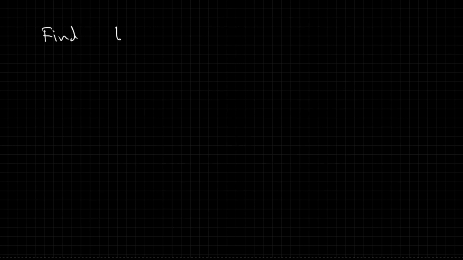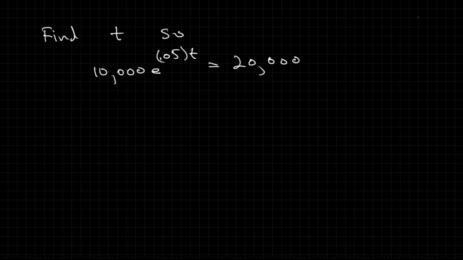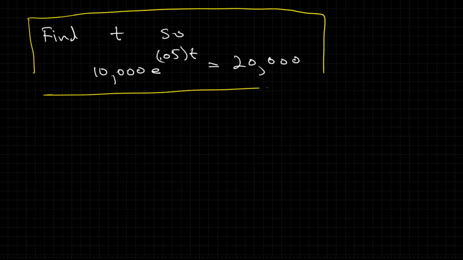Find t so that 10,000 e to the 0.05 t equals 20,000. This statement here is called an exponential equation.